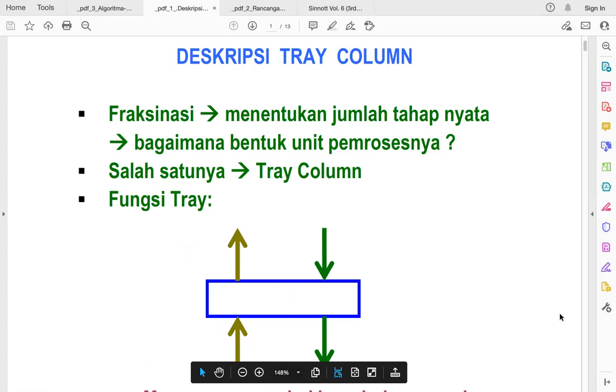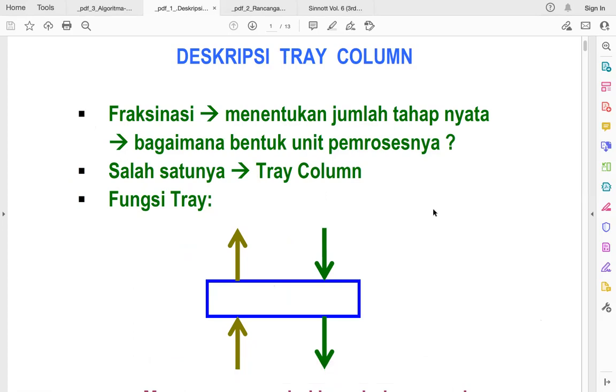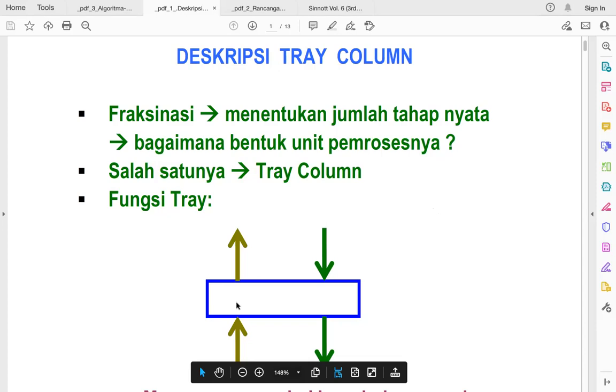So in the tray column, they want to make an equilibrium by bringing the vapor from the tray below into contact with the liquid from the top.